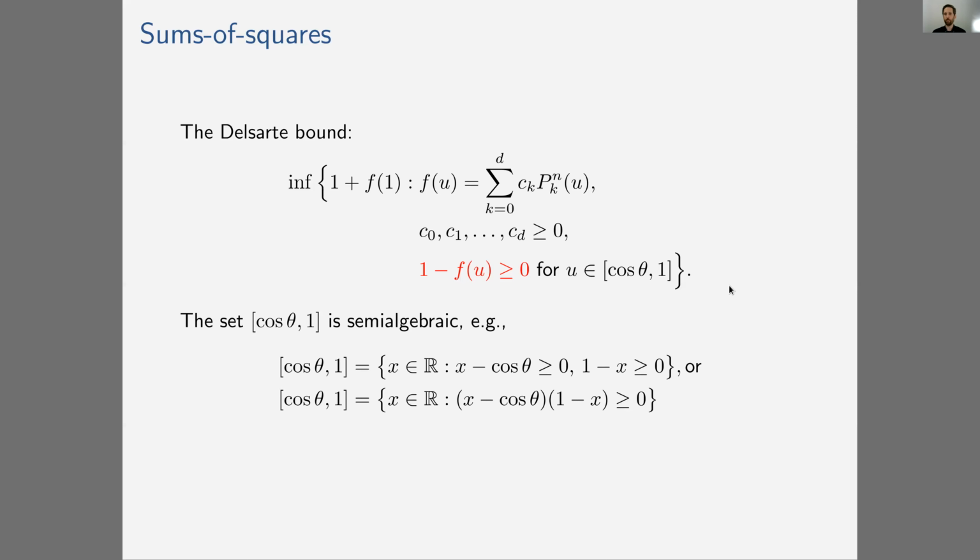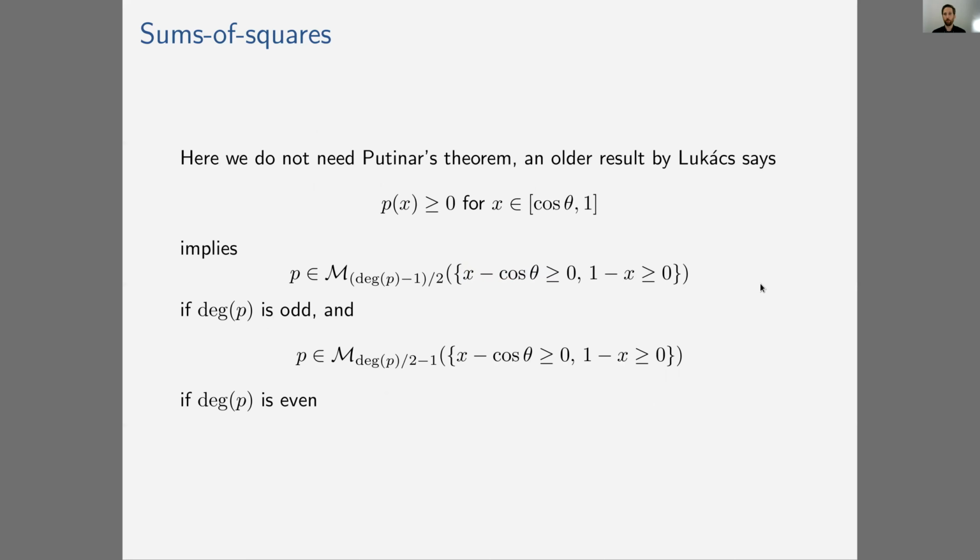But here, because this is the one-dimensional case, we can use a much older result. Instead of using Putinar's theorem, we can use a result by Lukács. So we have this polynomial. If this polynomial is non-negative on this interval, that implies that p lies in this quadratic module if the degree is odd.